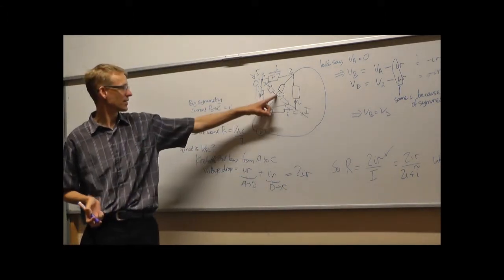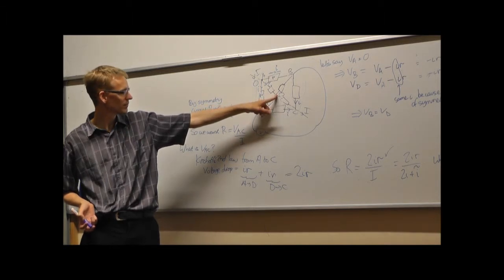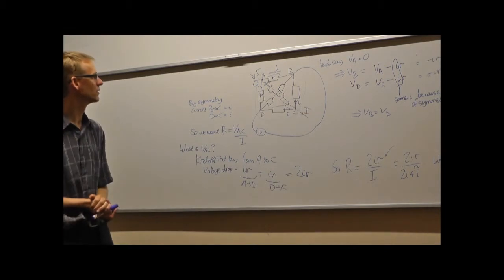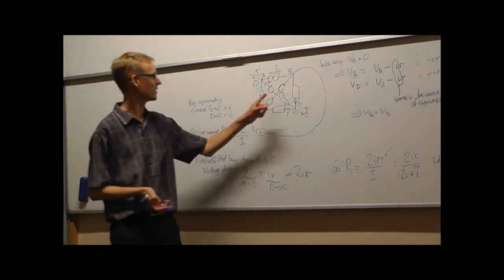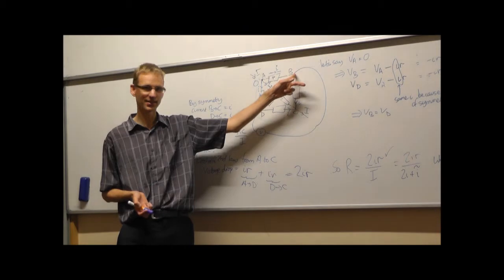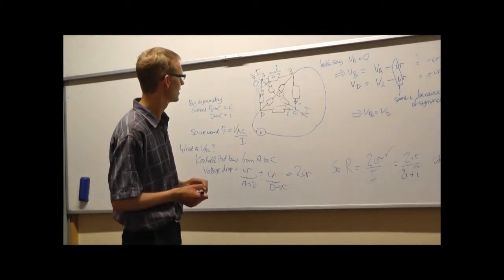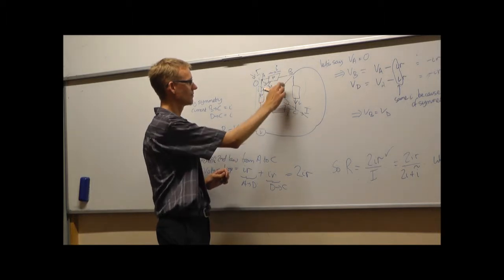So we're going to need to think about potentials there. This is going to be the same potential as that, isn't it? I think so. Yeah, because this goes back to symmetry again, doesn't it?